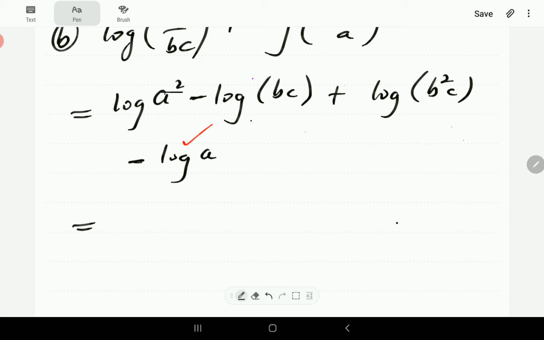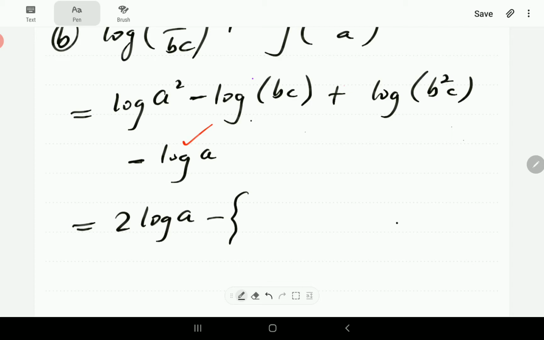For this first one, we can bring the 2 down, so it's going to be 2 times log A. For this one, we can use property number 1, but we need to be careful here by using brackets.